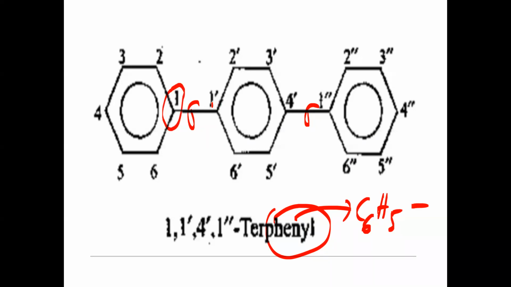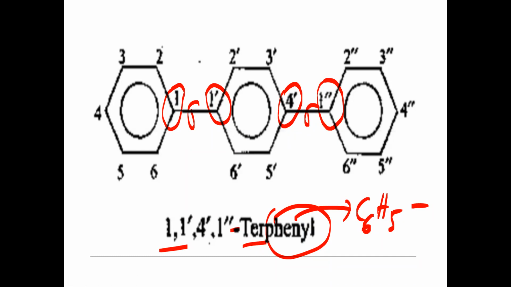This carbon and this carbon means 1 comma 1 dash. Then this 4 dash and 1 double dash. Hyphen ter. Ter means 3 times. So ter phenyl we have to say. This concept is very important to understand here.